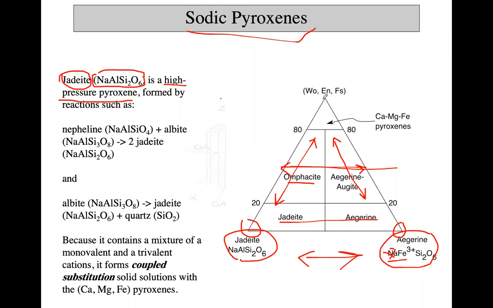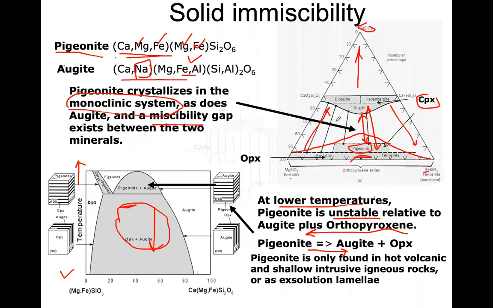So here, actually, only in this part you have the calcium, magnesium, iron pyroxene. So that means you can place the entire triangle here, right? The entire triangle is the magnesium, iron, calcium triangle, right?